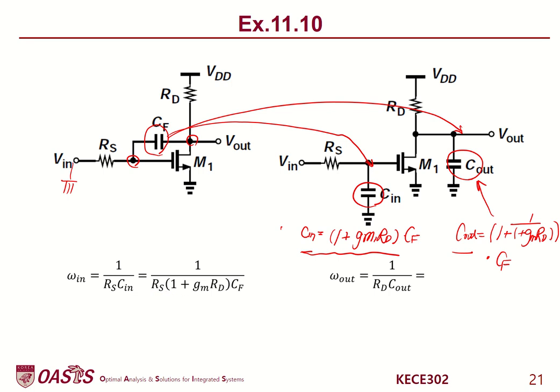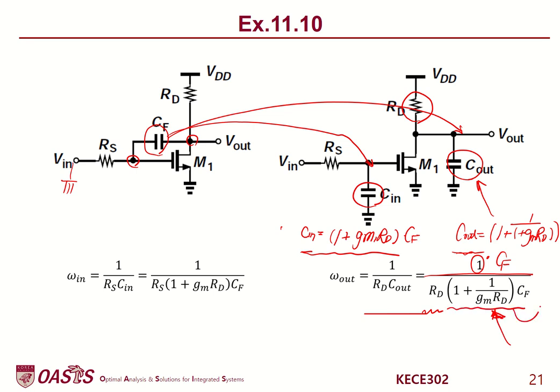And also the output pole location is 1 over output resistance RD plus the output capacitance by Miller effect, as we obtained in here.